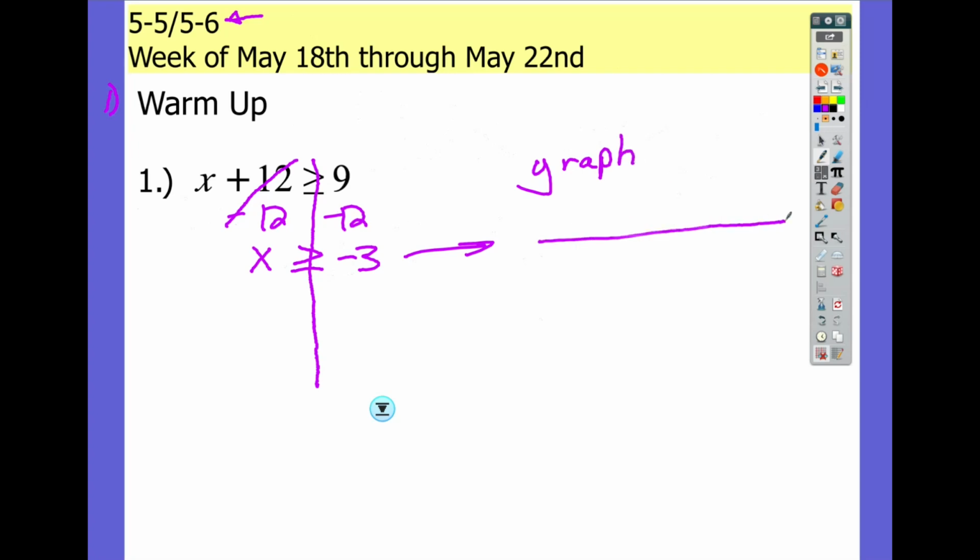We've got a solution at negative 3, so we'll fill that in, since it says "or equal to," it could be equal to negative 3. It also says greater than, so we'll shade to the right. Again, if you need a brush up, go to last week's video, but we're going to jump in.